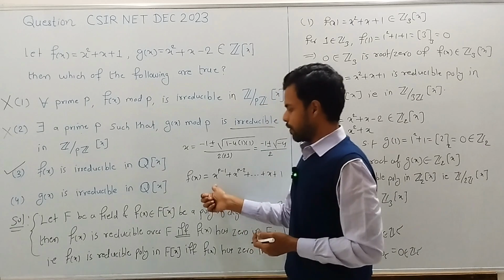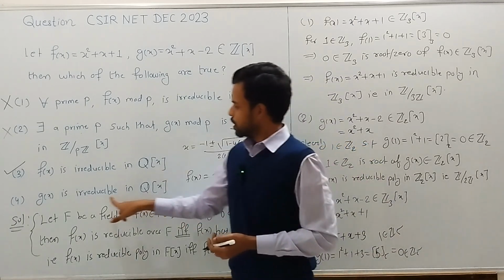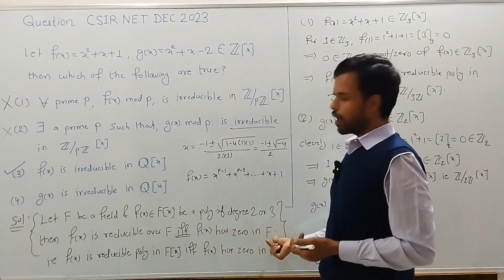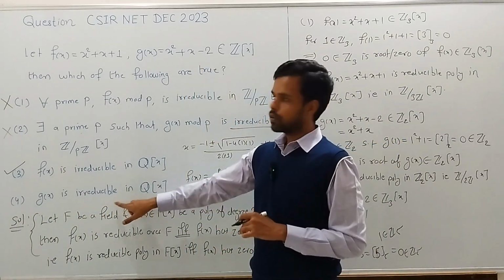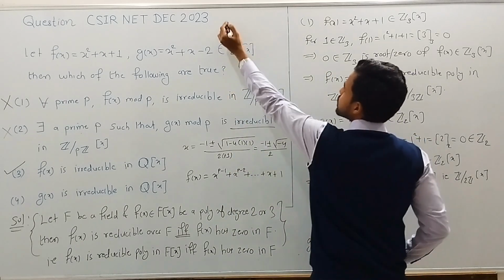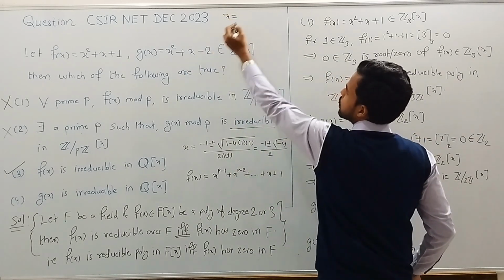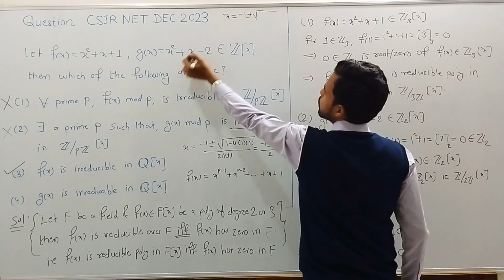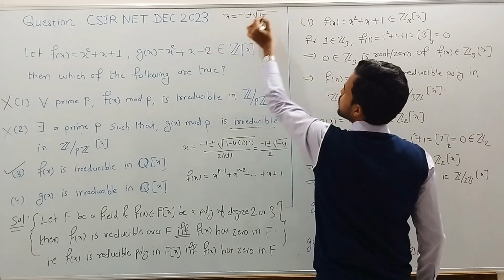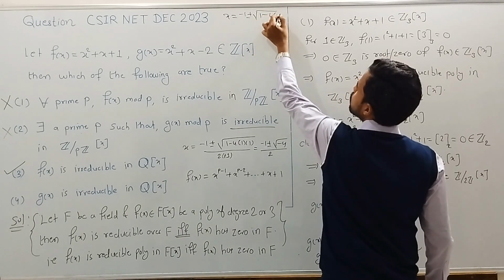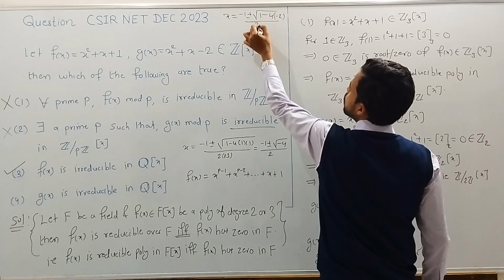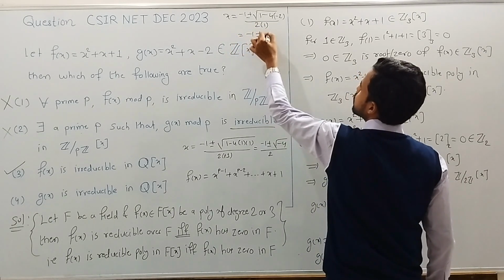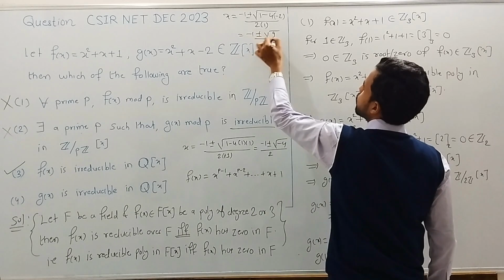For the last option, again we use the same result. Just check whether g of x has a root in Q or not. Let's find the roots of g of x. By the quadratic formula, the roots are minus 1 plus minus the square root of 9, over 2.